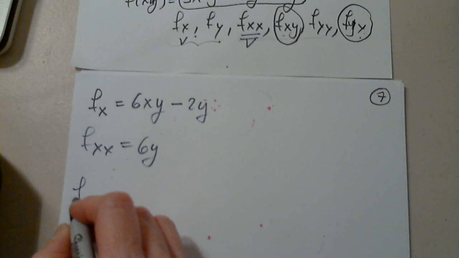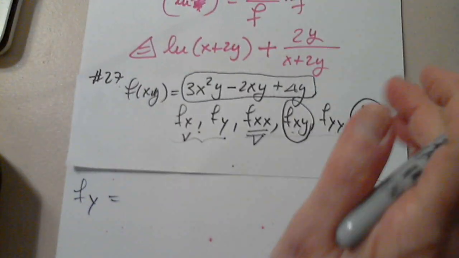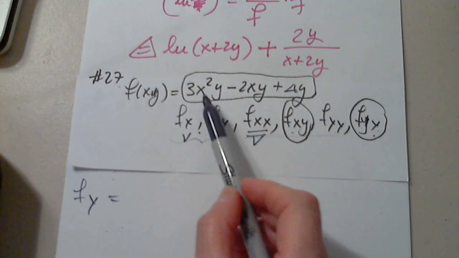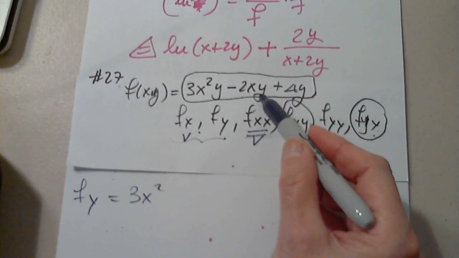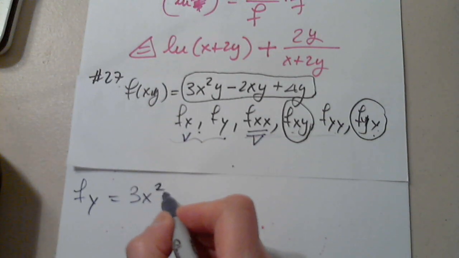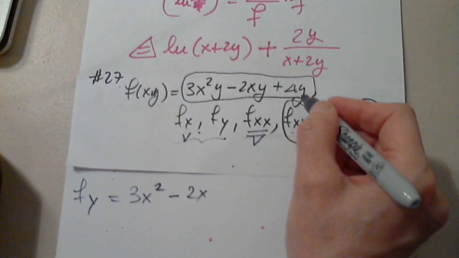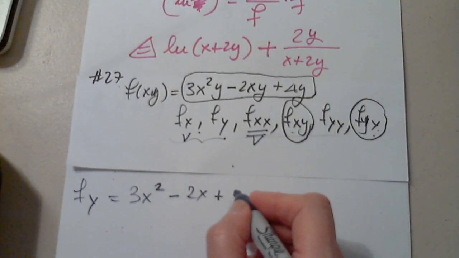Let's find fy. Back to the original. Can anyone differentiate this with respect to y? Would it be 3x squared? That's it. Let's differentiate this with respect to y. Minus 2x? That's it. Plus 4?